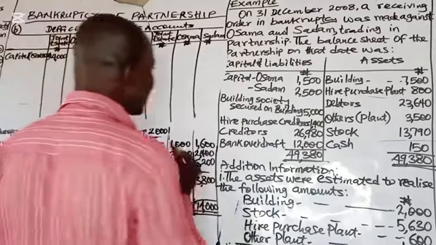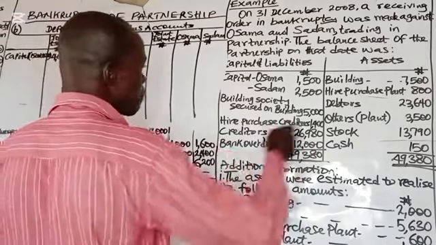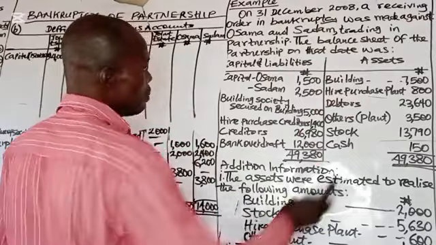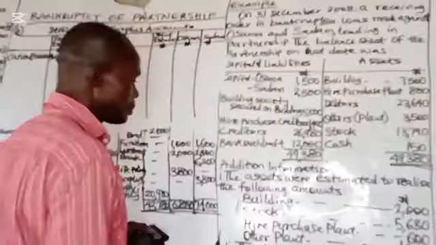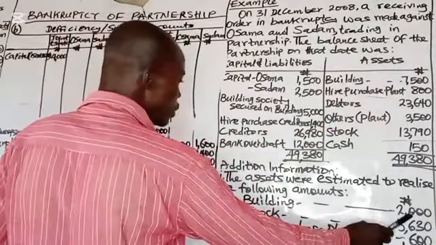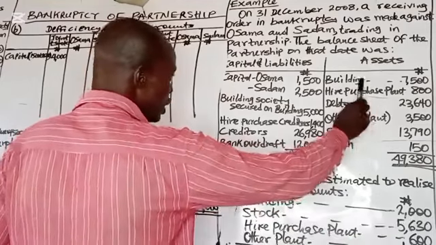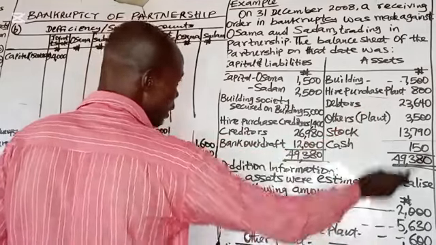Let's check the assets one after the other. Building, the book value is 7,500 and the realizable value is 2,000. This will lead to a loss because the realizable value is lower.